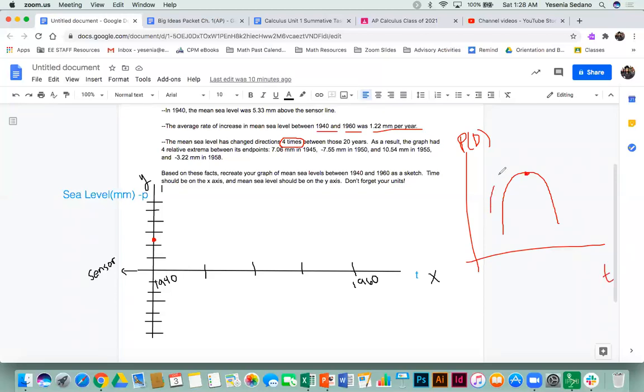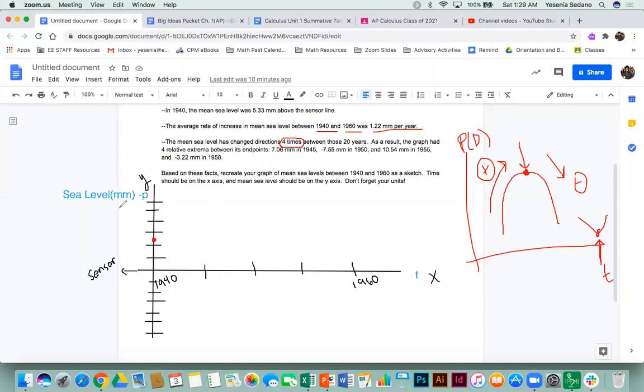If in a position graph I'm moving forward, that's a positive slope. And if I'm moving backwards, that's a negative slope. In other words, positive velocity, negative velocity. Whenever that change happens, you have either a maximum point or a minimum point. So basically, change in direction happens at the extrema in a position graph.